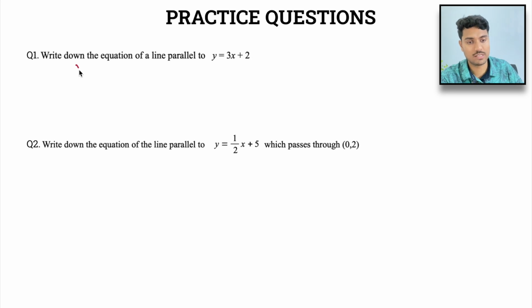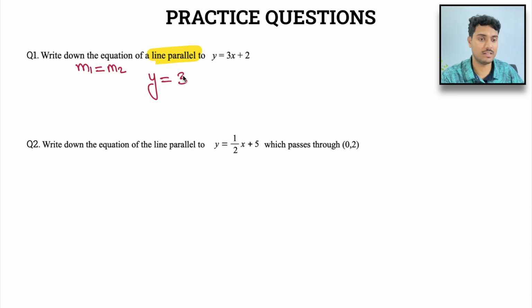So the condition is m1 equals m2 in case of parallel lines. So we'll write another equation, y equals, with the same gradient 3, 3x plus, just change the constant. Instead of 2, we can write, let's say, 3 or 4, anything. So this can be another equation with same gradient and different y-intercept.